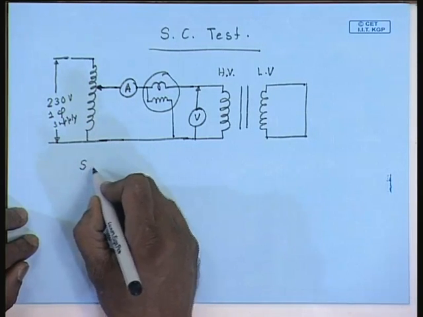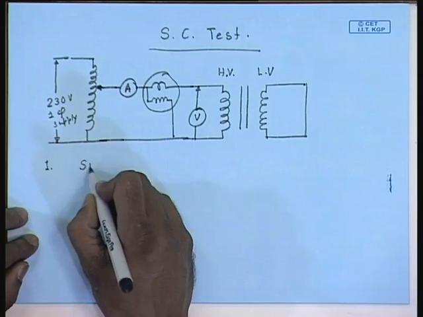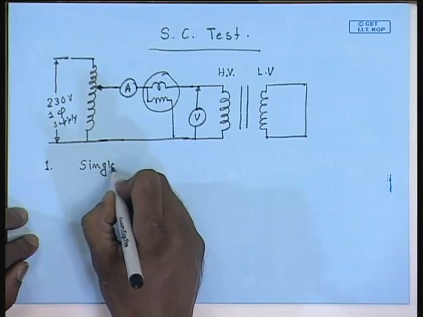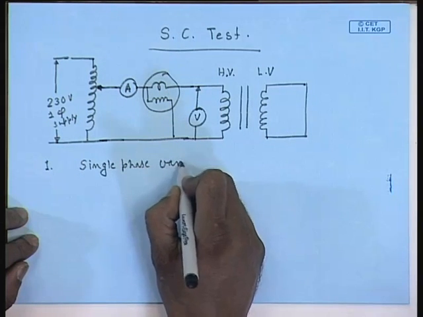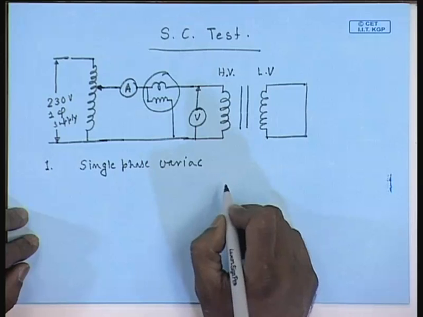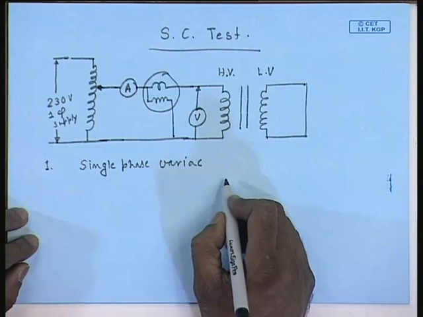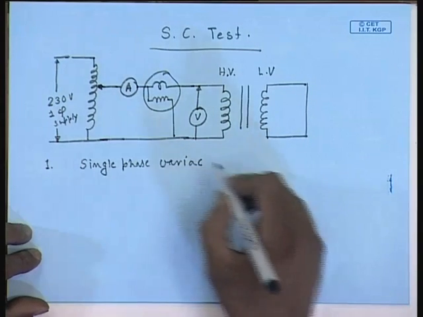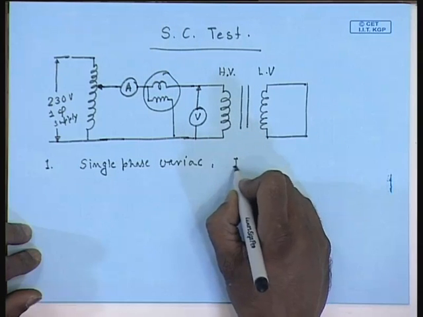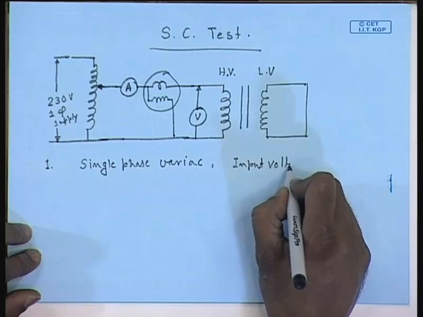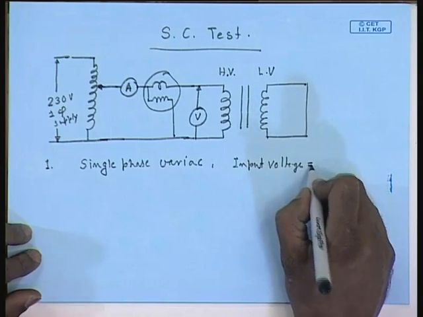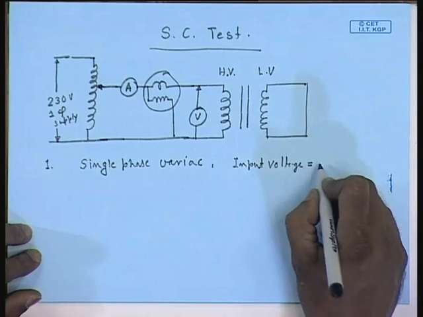Equipment required are, first is single phase variac. Its input voltage is 230 volts.